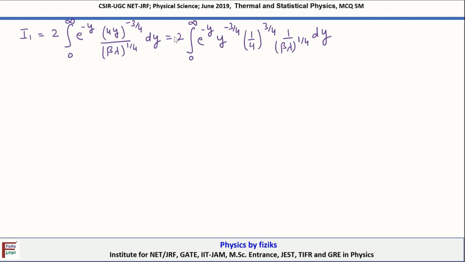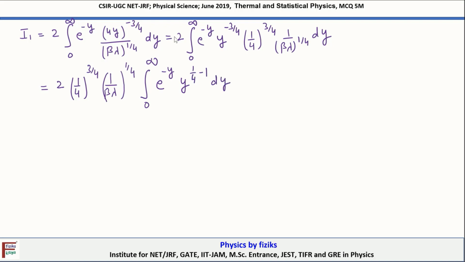If we do that, we can further rewrite this as 2 into 1 by 4 power 3 by 4 multiplied by 1 by beta lambda power 1 by 4 and then the integral from 0 to infinity of exponential minus y, y power 1 by 4 minus 1 dy. If you take a look at this integral, it's a gamma function and its value is gamma 1 by 4.